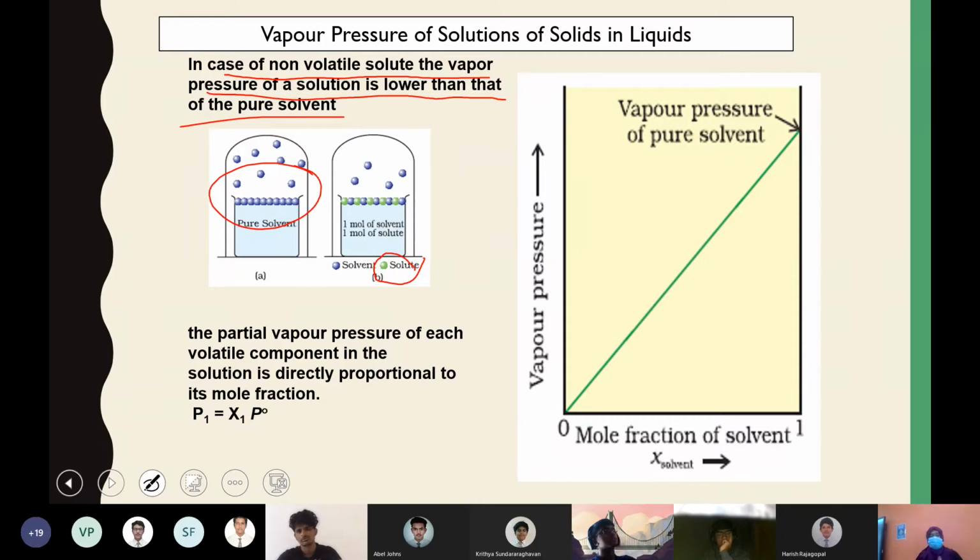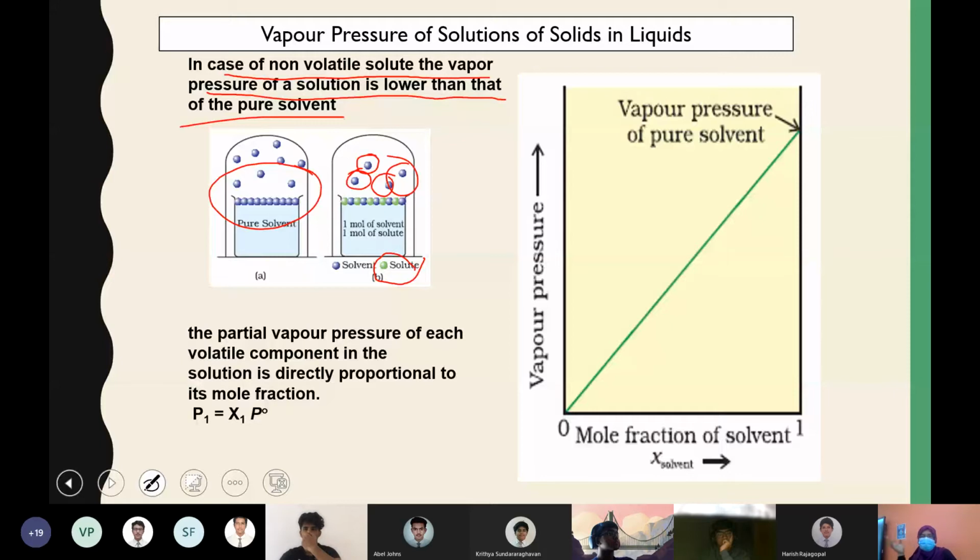That is a different case. But here the solute is non-vaporizable, but it stays in the solution and will not allow the solvent molecules to vaporize freely. So that means fewer solvent molecules in the vapor form, so less vapor pressure. So the vapor pressure of water decreases when you add a solute. This is a very important point.